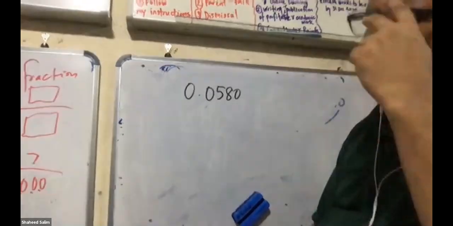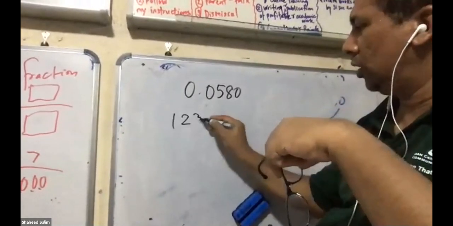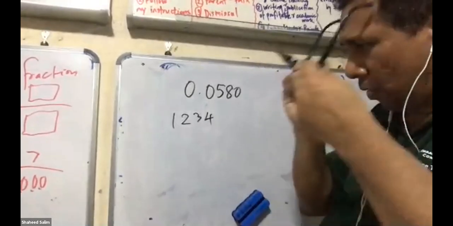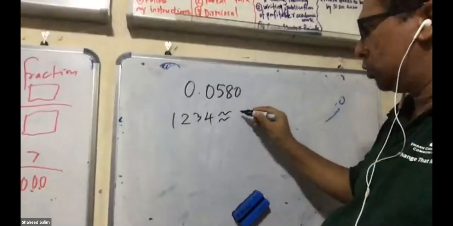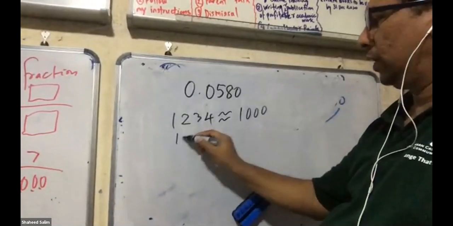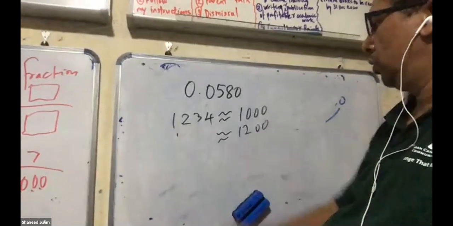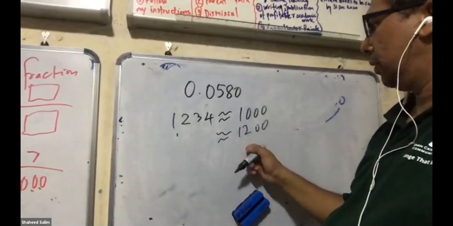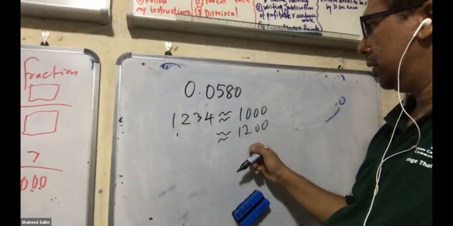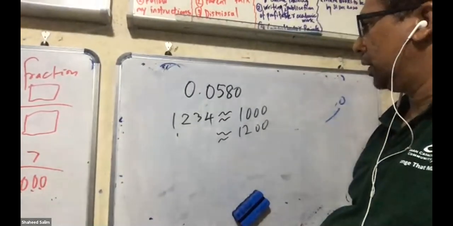Okay, let me see. How do I explain this? Okay, you have, let's see, 1, 2, 3, 4. Now, one significant figure, this will be 1,000, right? Two significant figures will be 1,200. You will take from the 3, okay.